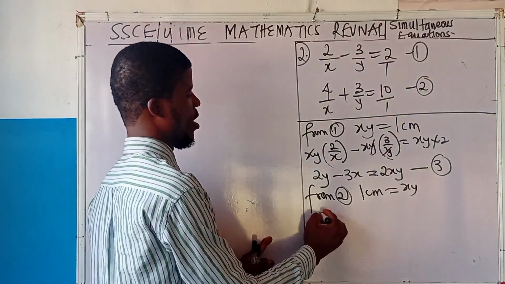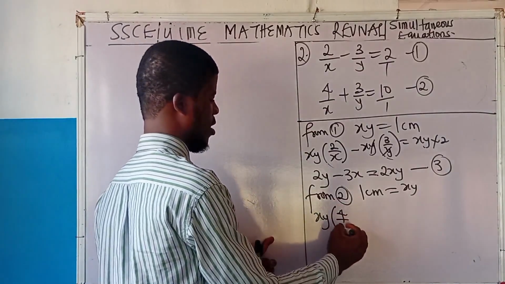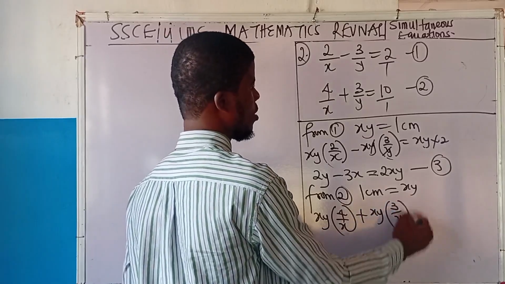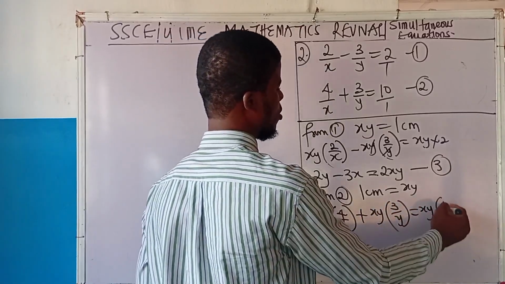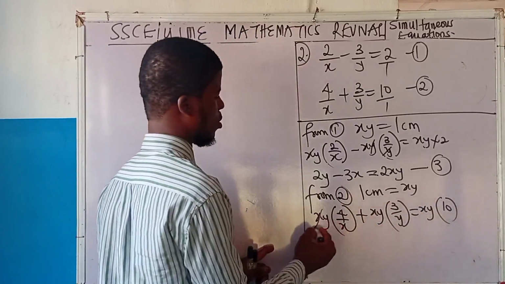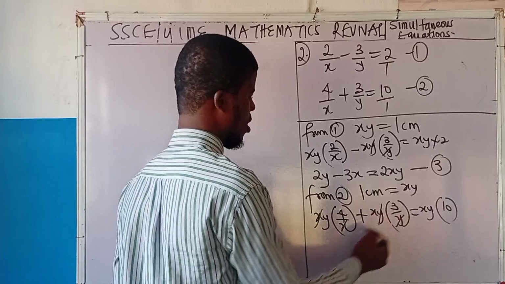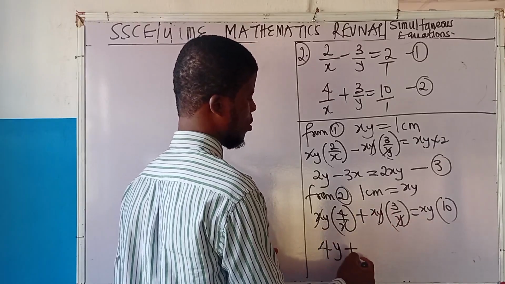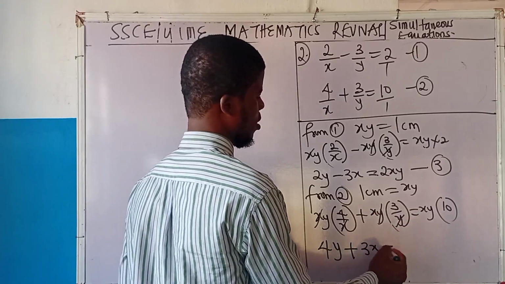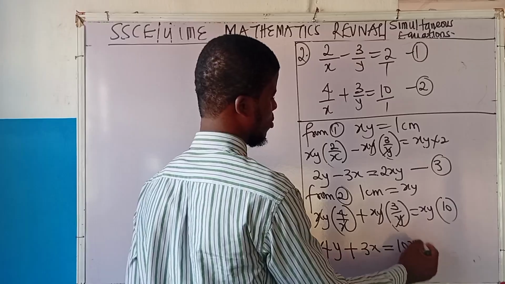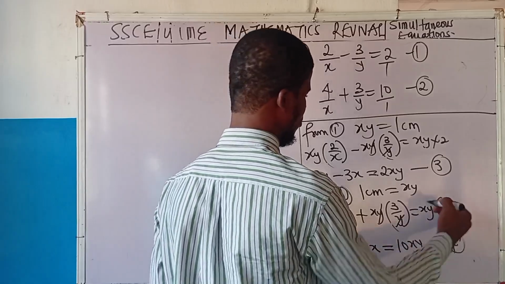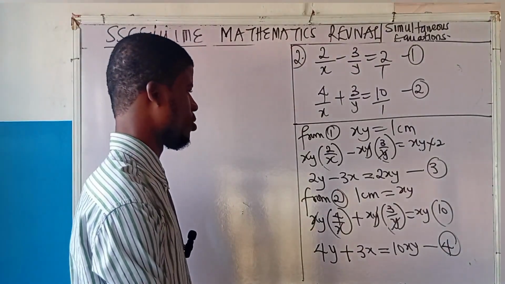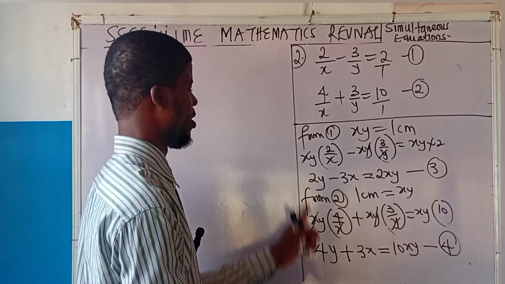So we have xy into 4 over x plus xy into 3 all over y equals xy into 10. x will cancel x, y will cancel y. So that we'll be having 4y plus 3x equals 10xy. This is equation 4.